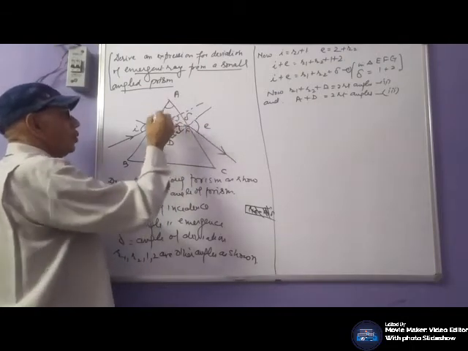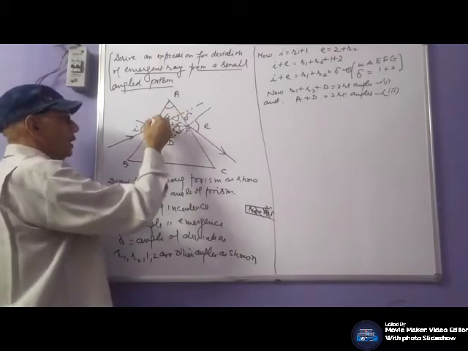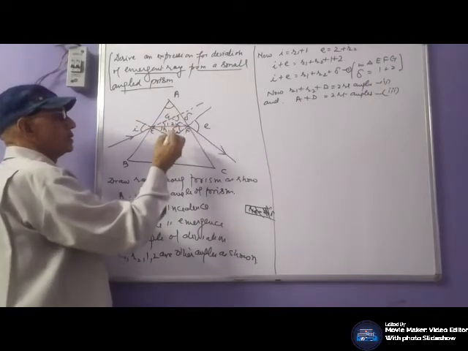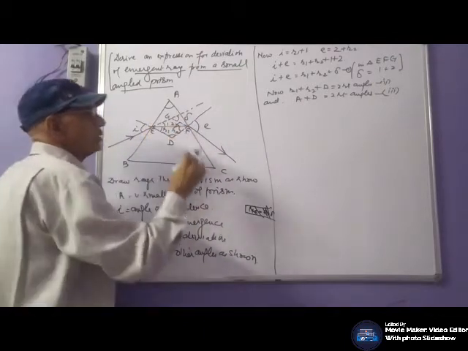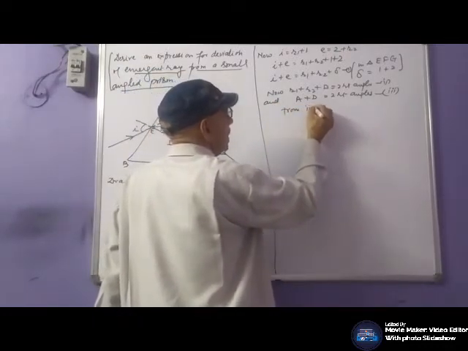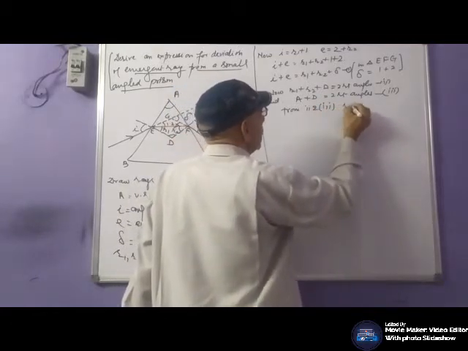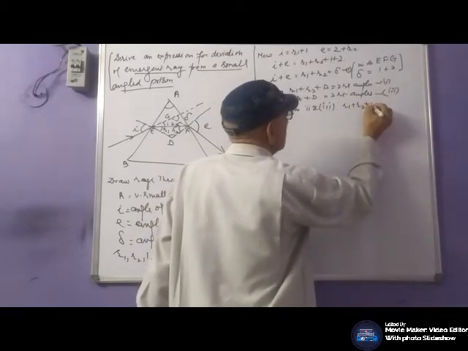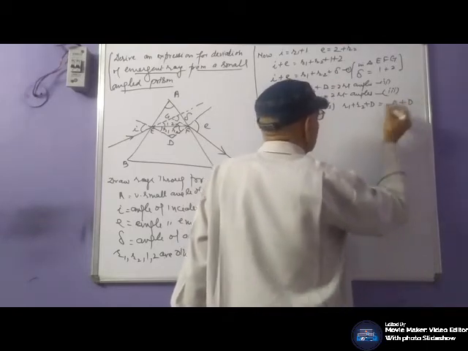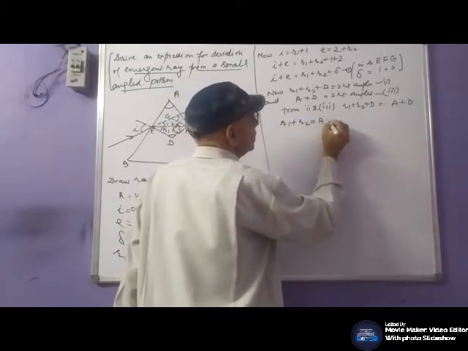See this figure A, E, D, F. Four right angles. This is 90, this is 90. So A plus D, two right angles. From second and third, R1 plus R2 plus D is A plus D. D goes with D. R1 plus R2 is A.